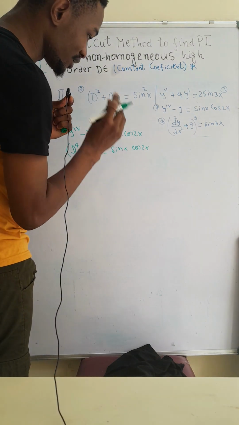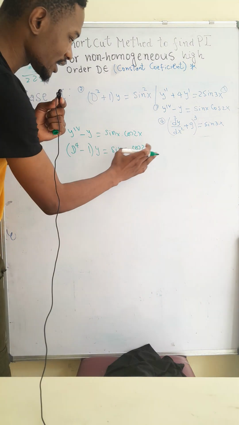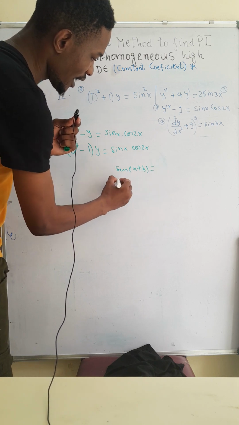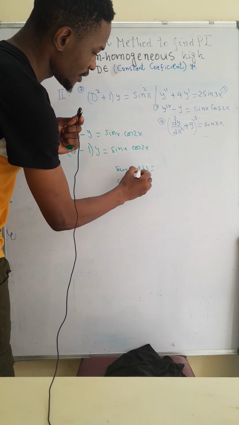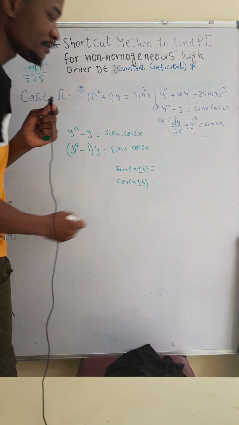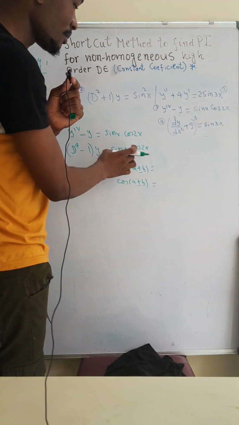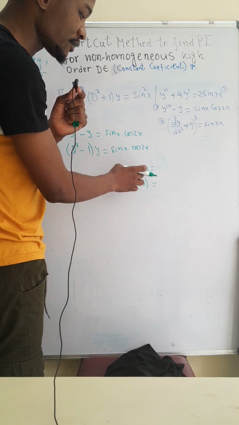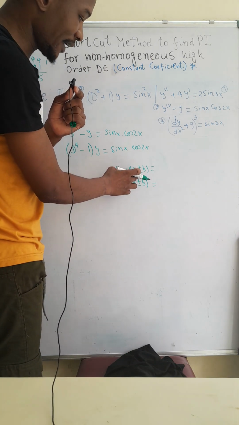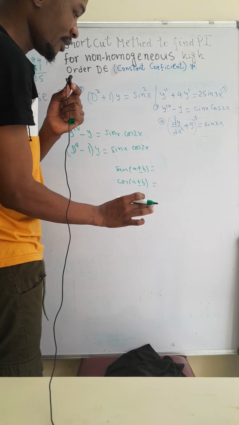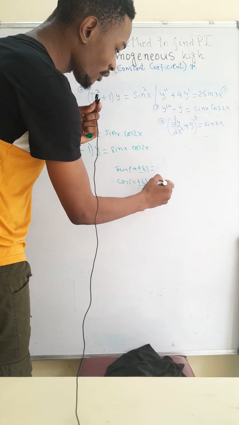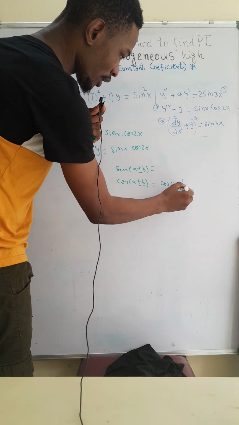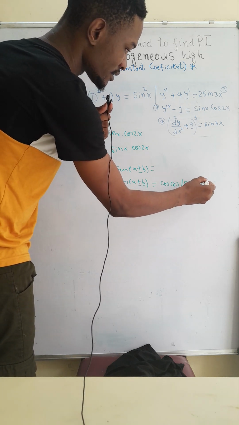To transform this one, you just have to be careful. Suppose I have this formula, sine of a plus b and cosine of a plus b, plus or minus. We only have this combination, sine and cosine, when we play this function sine of sine, because with this we only have a combination of cos and cos, or sine and sine.